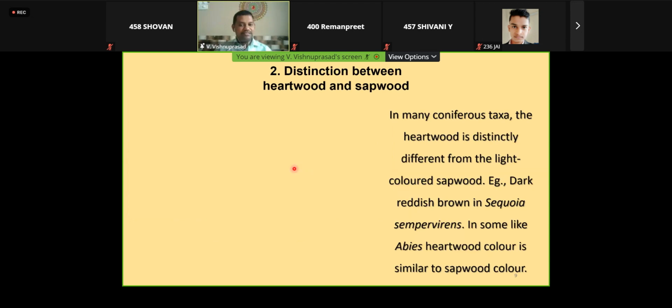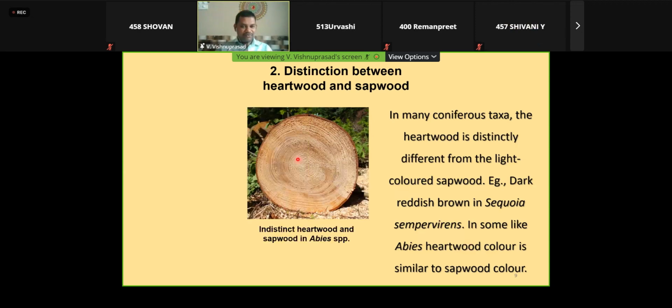But in the case of species like Abies, the heartwood color is very similar to the sapwood color. It is very difficult to make out the actual demarcation between the heartwood and sapwood. But in the case of Sequoia, it's very distinct. So this can be another feature.